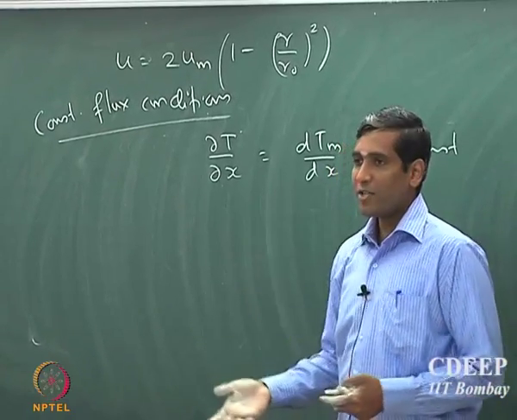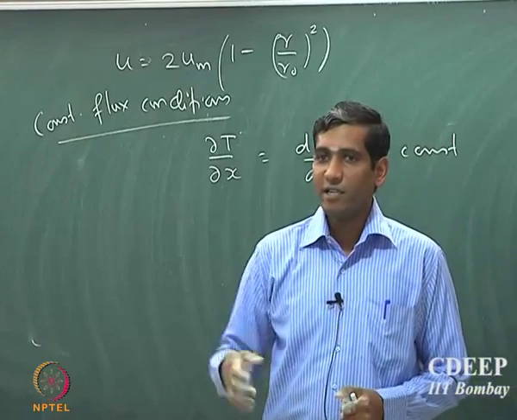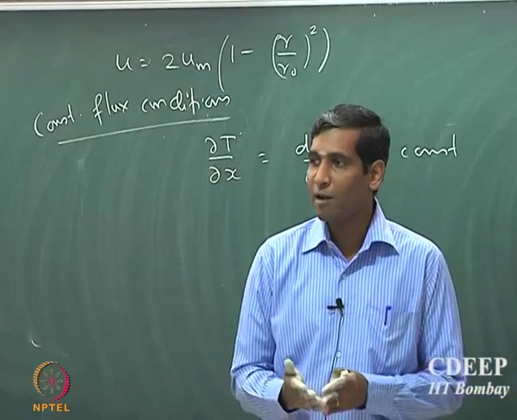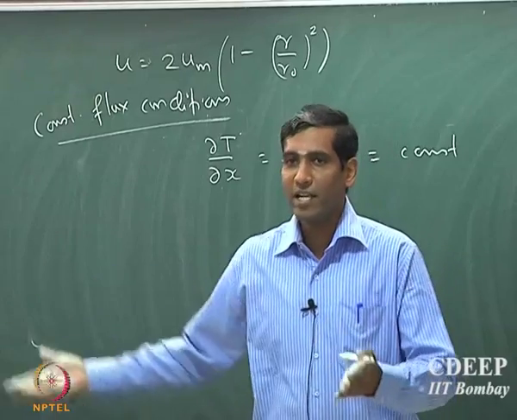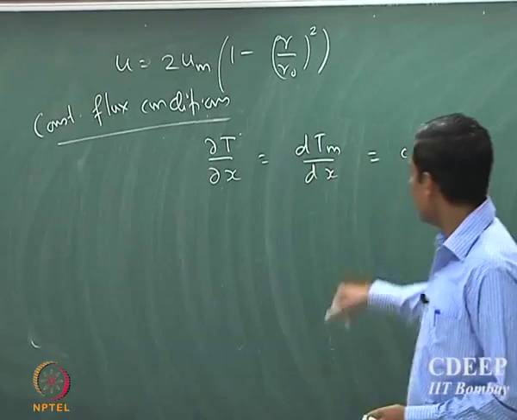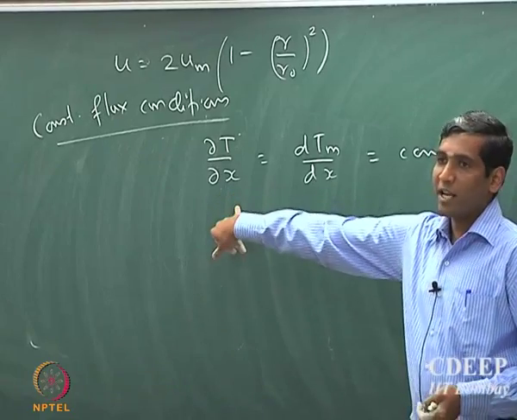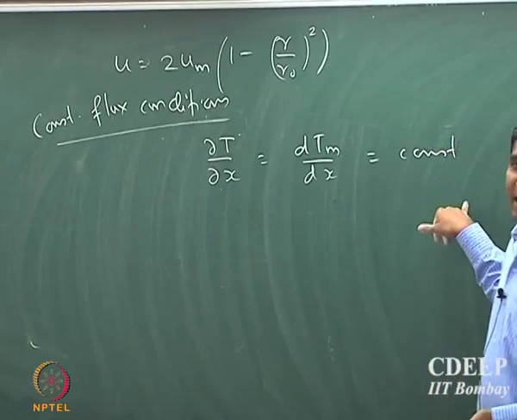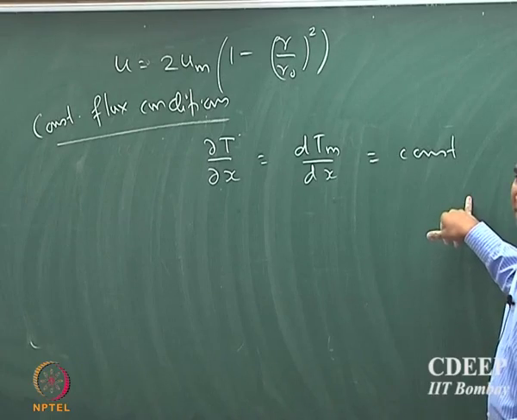Why is this? Because the temperature profile in the fully developed regime is similar at any x location, and therefore the local temperature gradient in the x direction remains a constant.